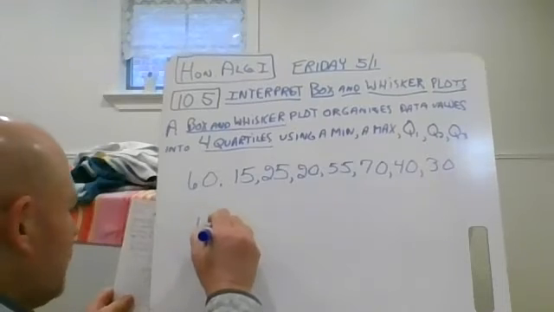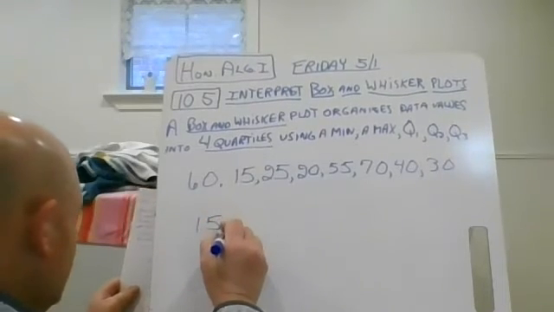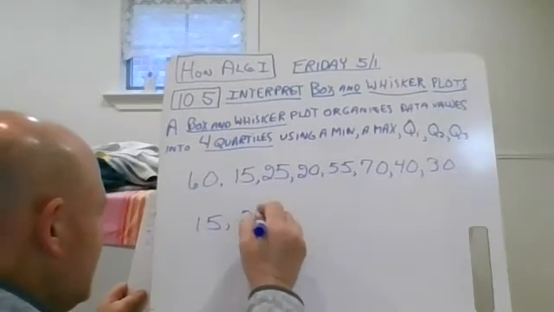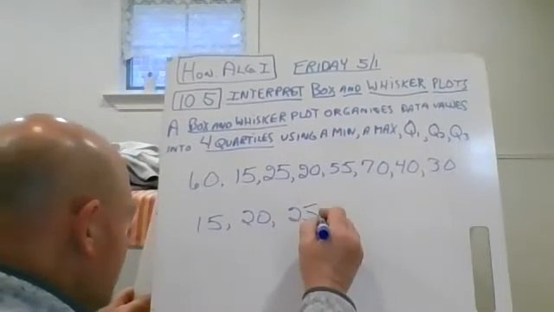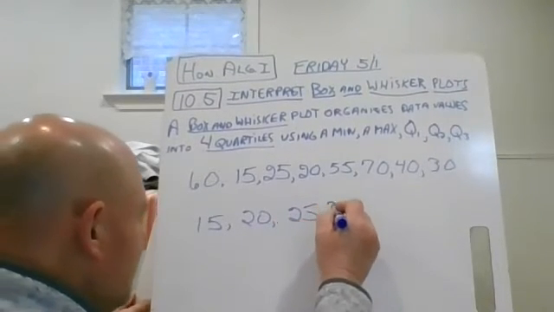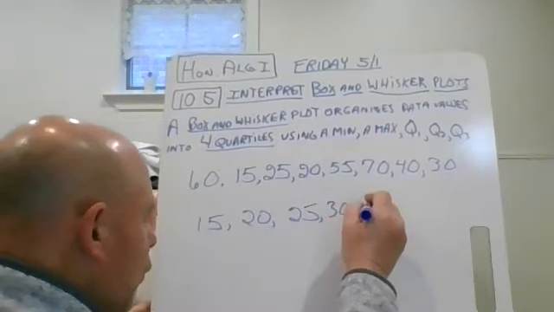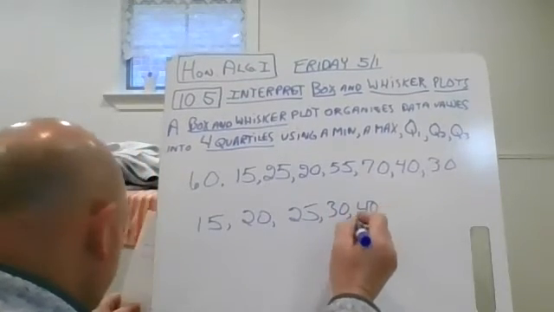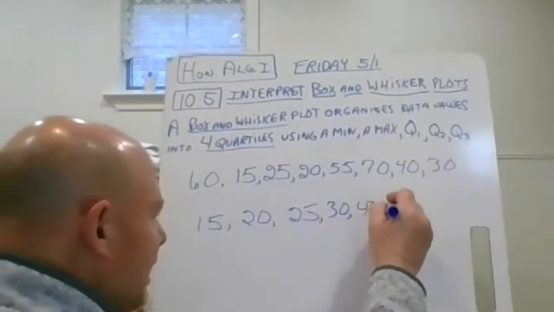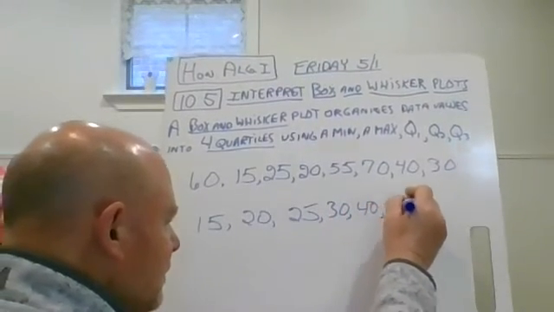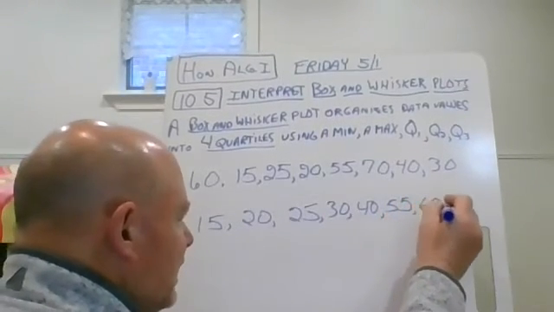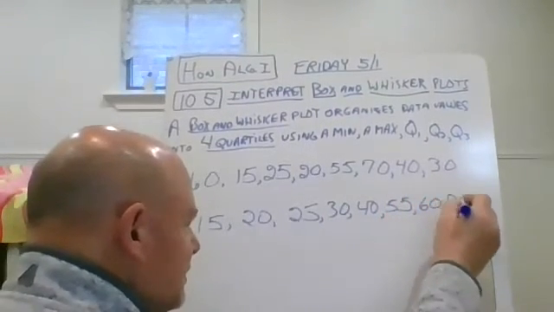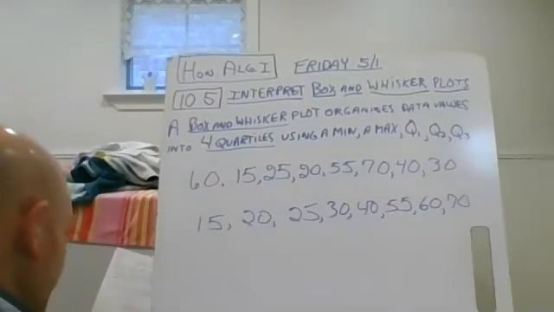So you end up with 15, 20, 25, 30, 40, 55, 60, and 70 from least to greatest.